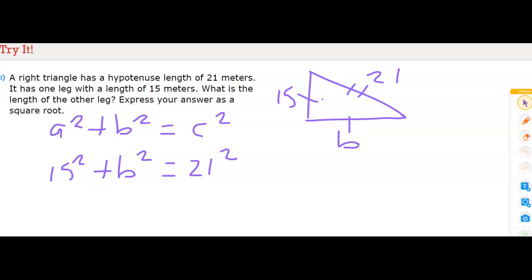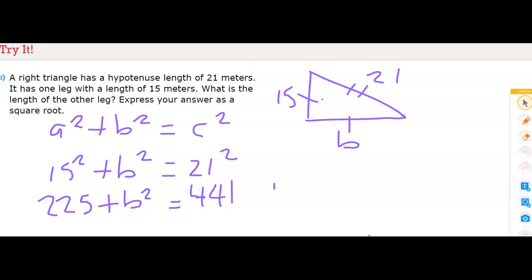So 15 times 15 is 225, plus b squared is equal to 441. Because I need to find the value of b, I need to subtract 225 from both sides of my equation to get the value of b squared. So 441 minus 225 is 216.